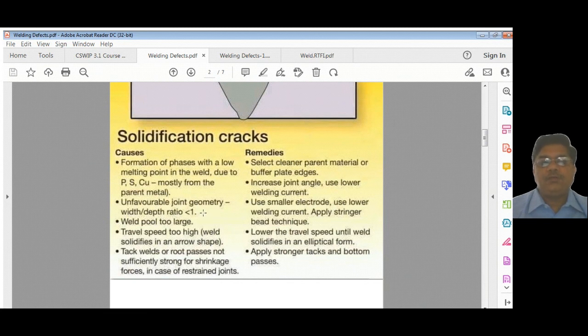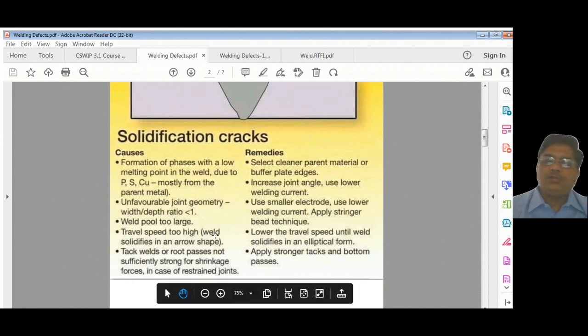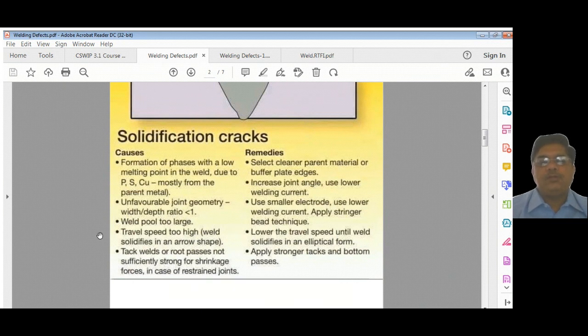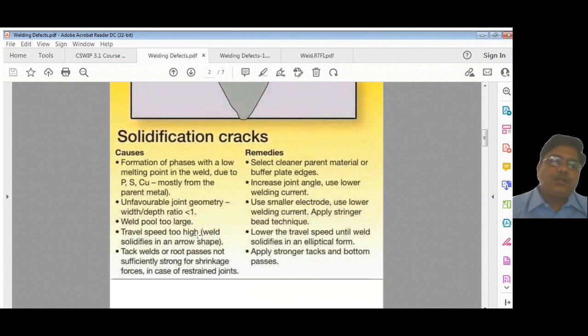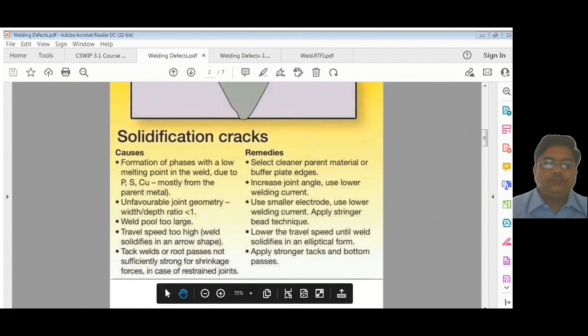There may be a very big joint with a very large bevel. Travel speed too high, sorry, can also result in solidification cracks. Tack welds or root pass not sufficiently strong, or shrinkage forces in a restrained joint, can also cause them. So if you have a very fat or large bevel, then you can have this kind of issue.